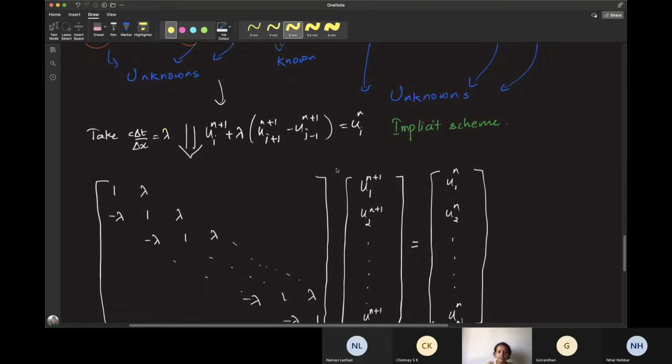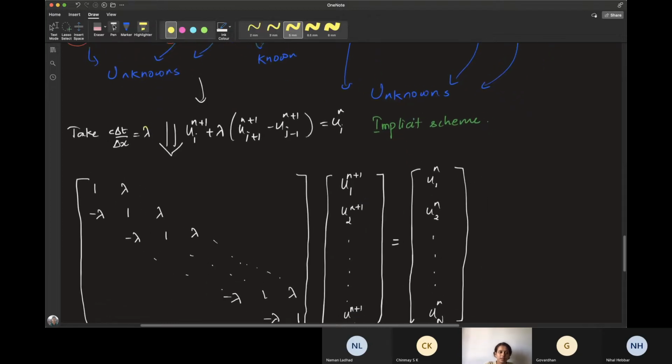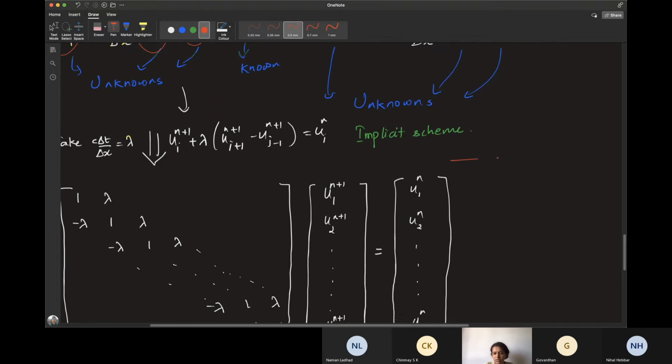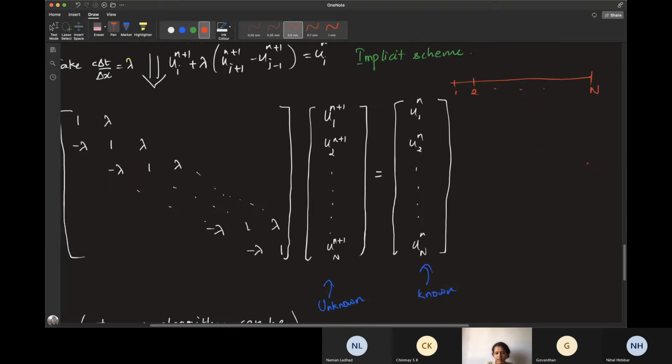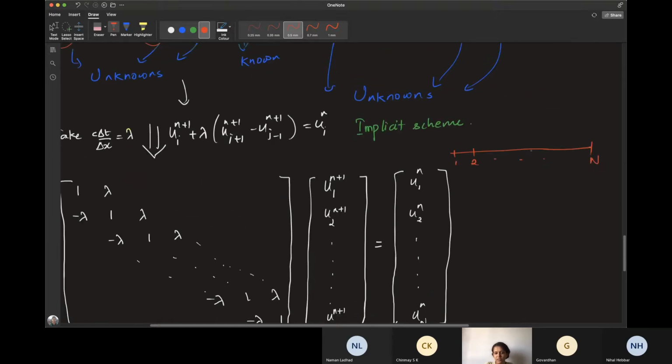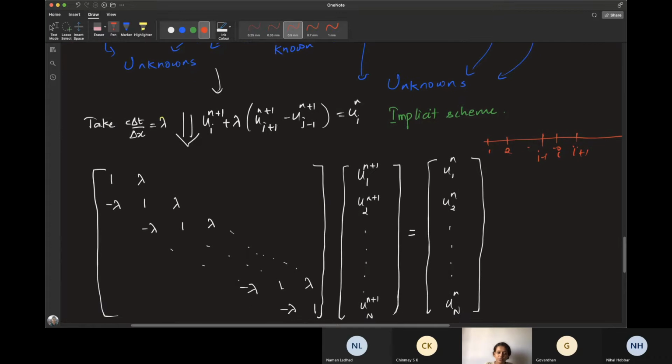On the right side, let me draw, this is a 1D problem. So it's going to be 1 up to some n. You have some grid points, and in the middle you have some i+1 and i-1.